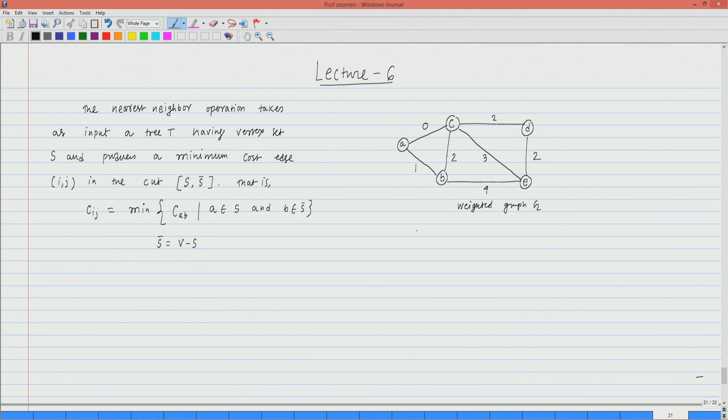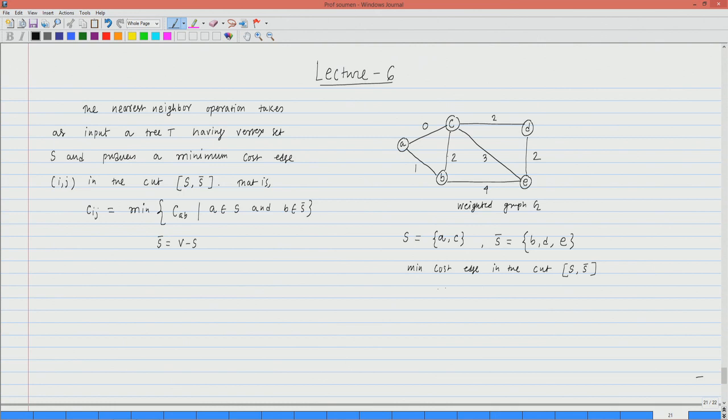Okay. So, now I will explain what is this minimum cost edge in the cut S, S bar. Let me take S equal to A and C, okay, and so S complement is equal to B, D and E. Now, what is the minimum cost edge in the cut S, S complement?